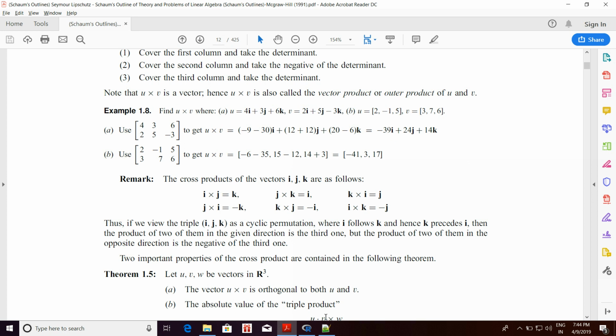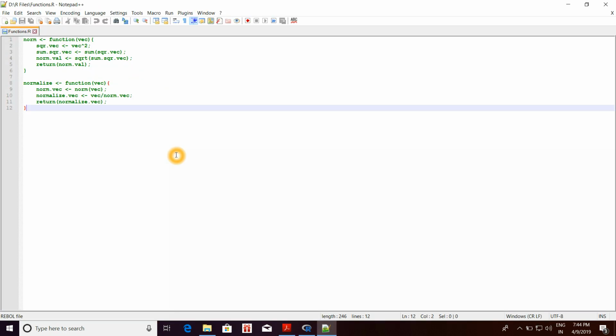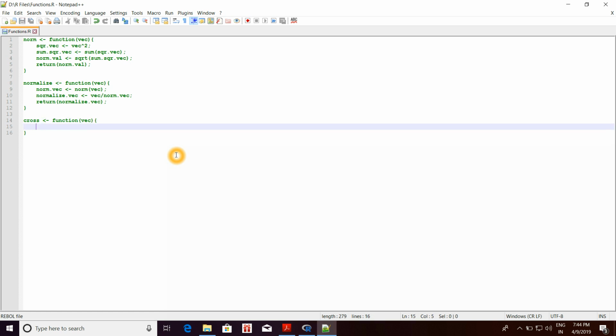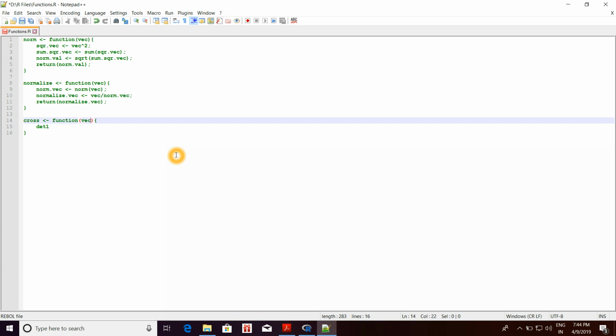Okay, so we can create a function called cross, where the argument is a vector, and we will calculate the cross product of this vector. So det 1 is the cross product of vec 1 and vec 2.